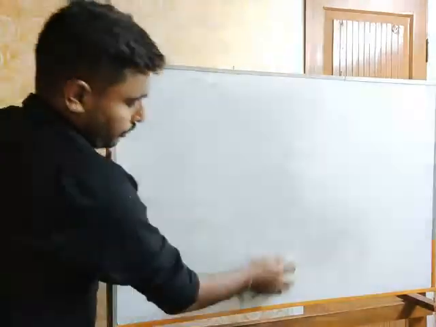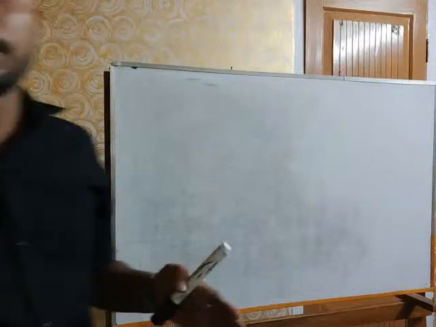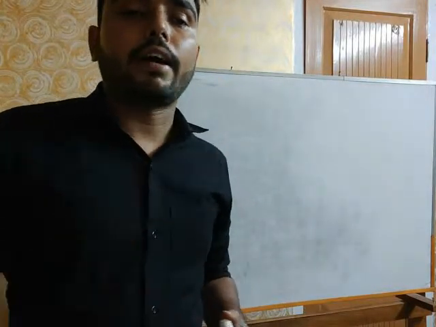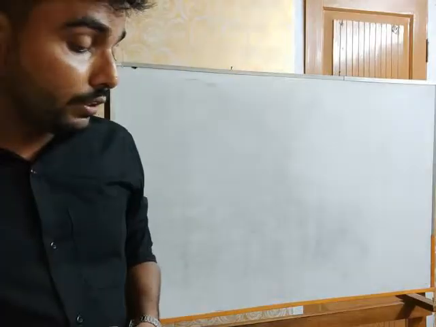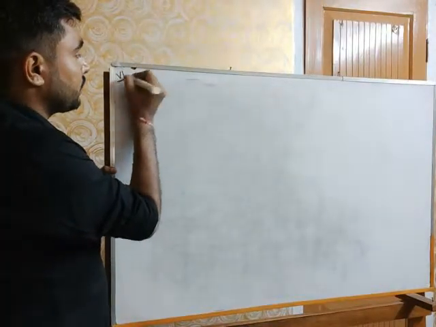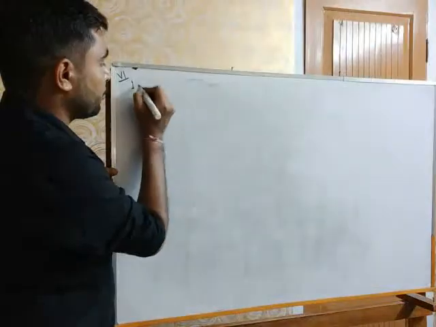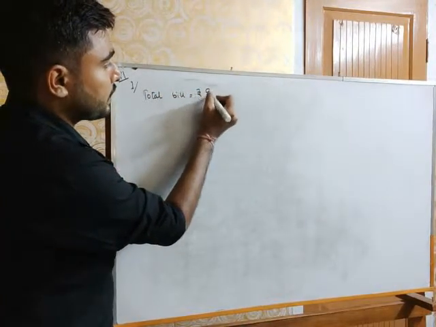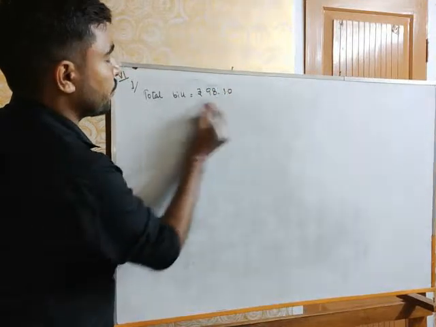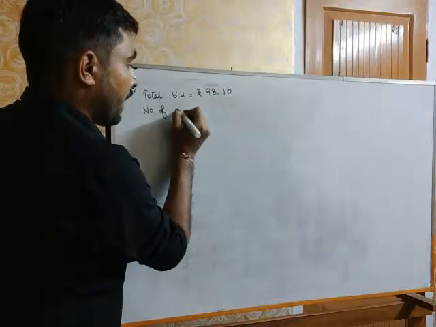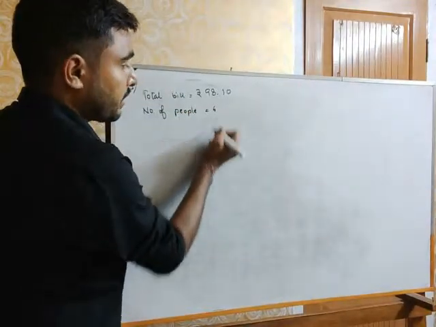So what we will do, if everyone is sharing it equally, that means we have to divide 98.10 by 6. So we will write it as number 6, MCQs. Total bill is equal to rupees 98.10, and the number of persons, how many people are there to share it? 6.